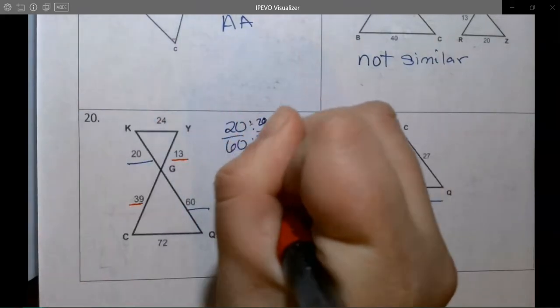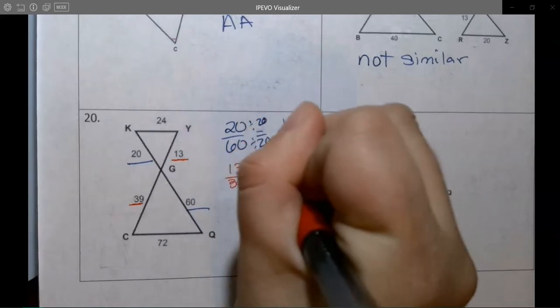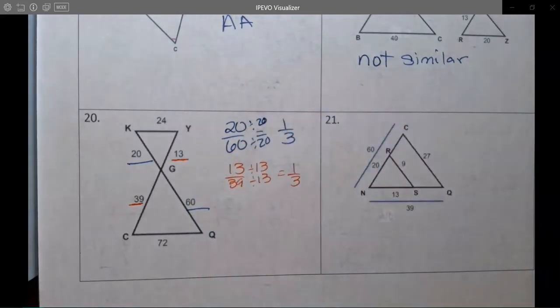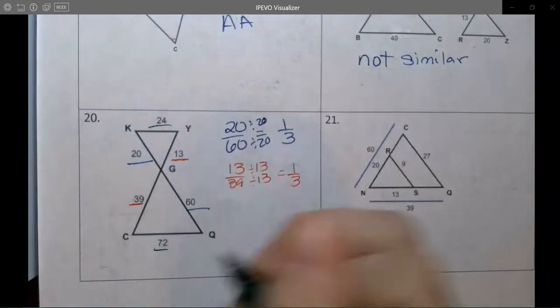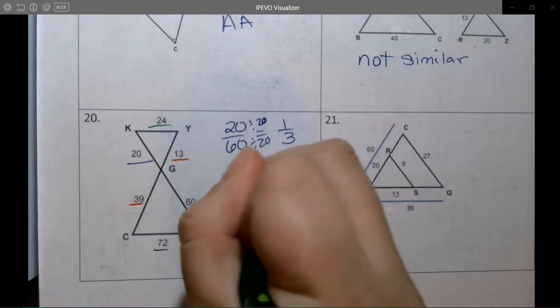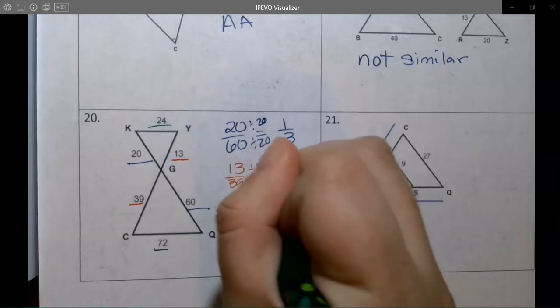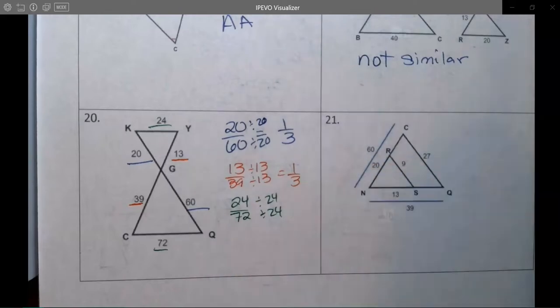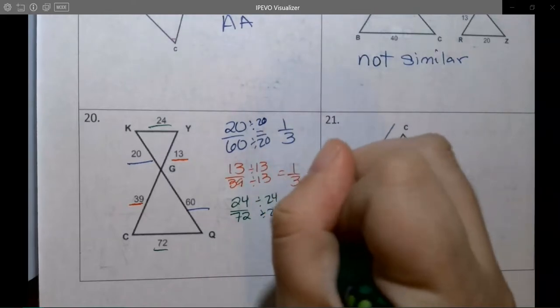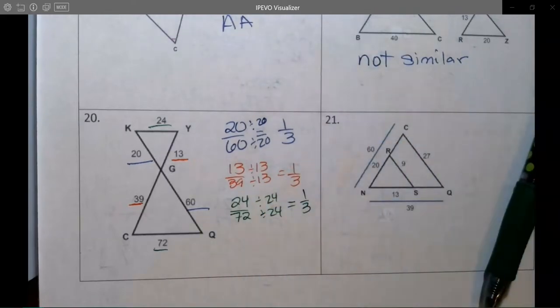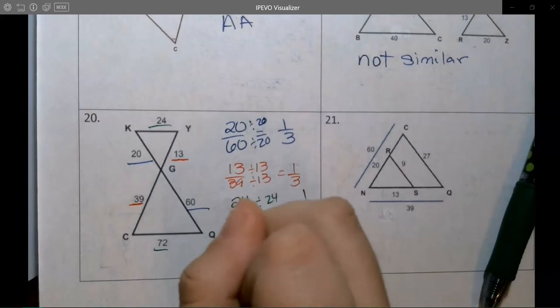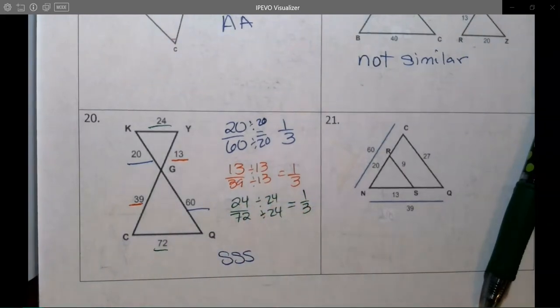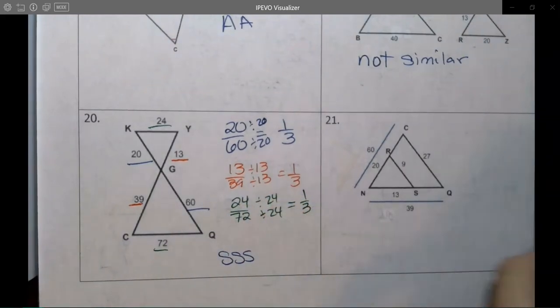Both of these are divisible by 13. That also gets me 1/3. My final set, I have 24 and 72. If I divide both of these by 24, I also get 1/3. So all of these have the same scale factor. That means this one is similar by side, side, side because I have three congruent sides on this triangle.